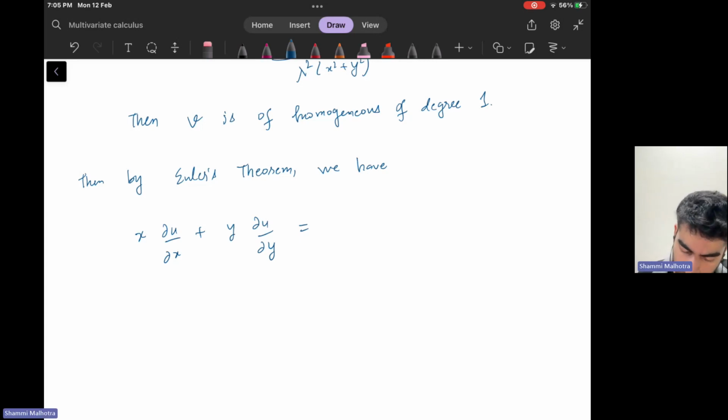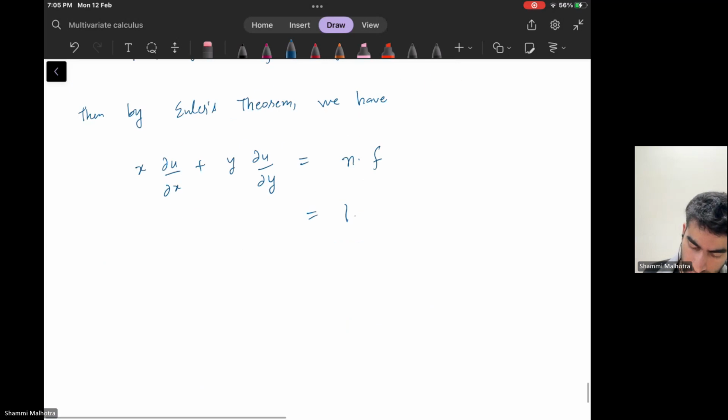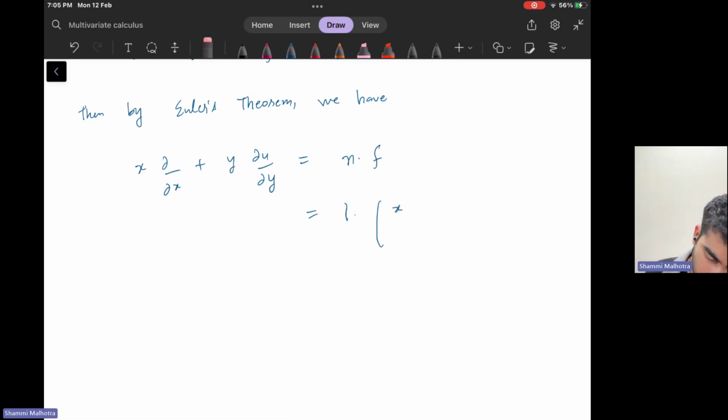We know that this is n times our function only, and here the degree is 1, and the function here is v. So this is (x cube plus y cube) divided by (x square plus y square).